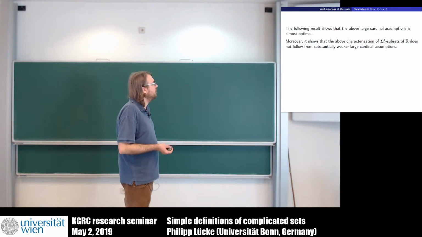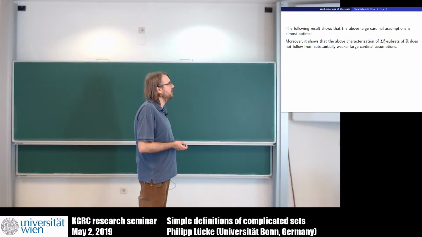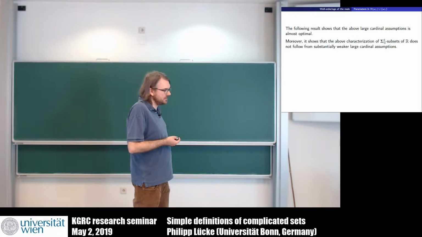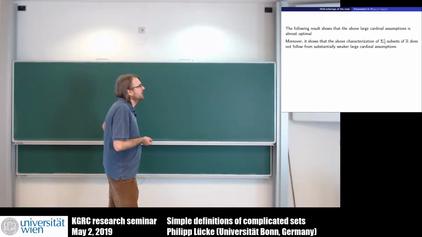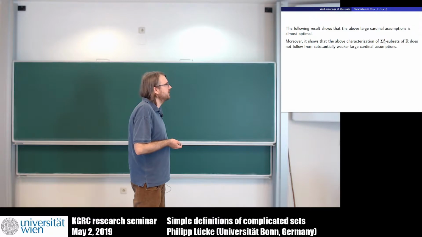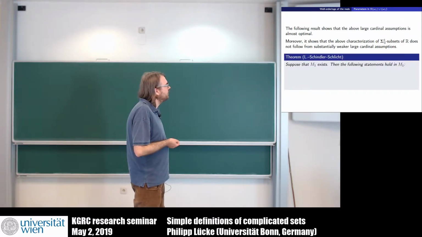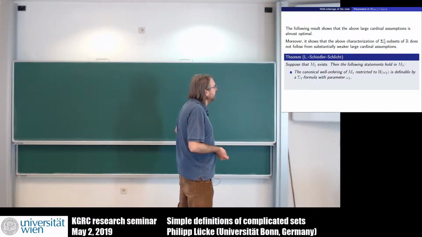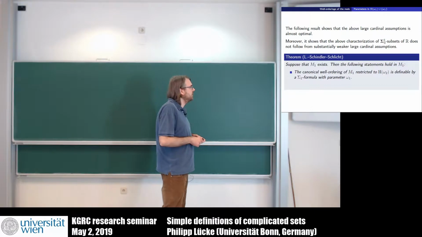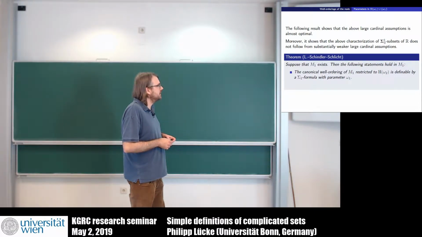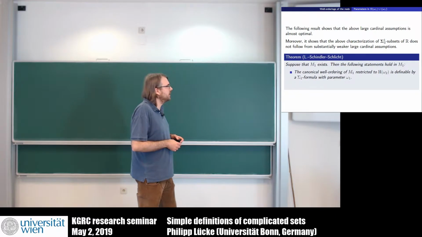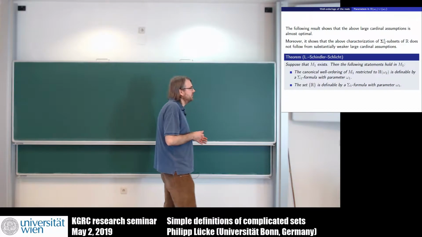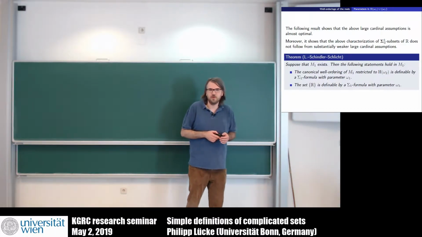Okay, but now we also have a result that shows that this large cardinal assumption is close to optimal, and it also shows that this characterization of sigma 1,3 sets cannot be derived from something substantially weaker. In M1, the canonical well ordering of this model is definable in this way. So it's a sigma 1 formula with parameter omega 1. And also the set of the reals is definable by a sigma 1 formula with parameter omega 1.